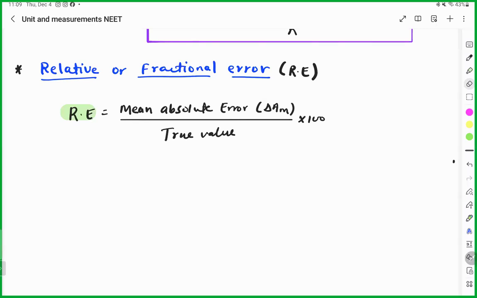Any doubt, guys? Difference is absolute error. Mean means average of the absolute errors, and relative means the mean error divided by the original value.